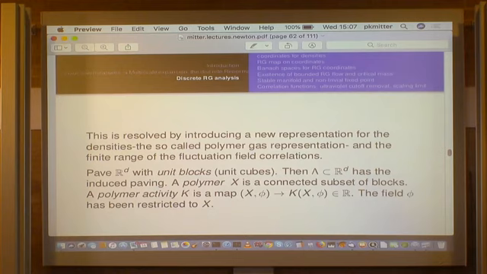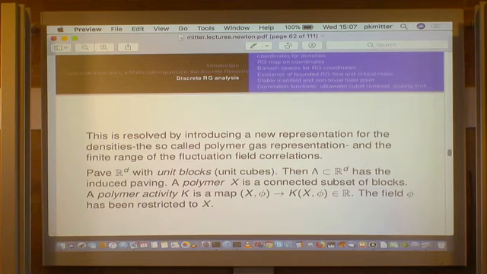Since we are working in the continuum, we pave the continuum with unit blocks, which are cubes or hypercubes. And then a finite set, as it has finite volume in it, has an induced paving. So a polymer X is a connected subset of blocks. Everything is connected.